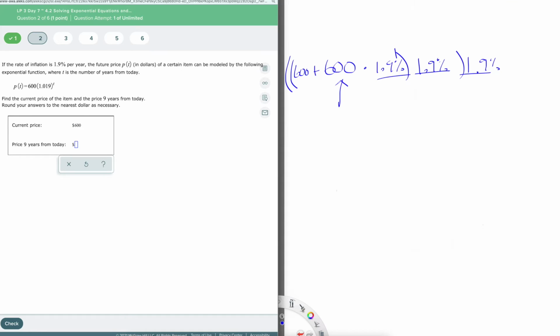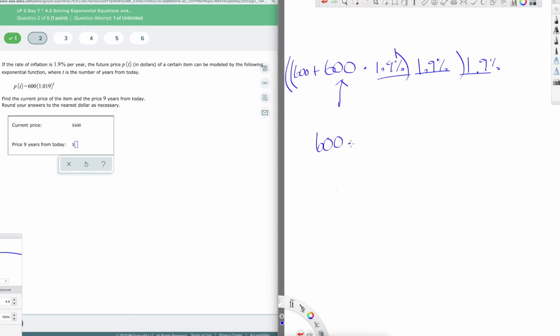And then 9 years from today, we're going to have 600 times, instead of just 1.9%, we want to use that whole percentage. So this is 101.9%, because it's 100%, the 600, and another 1.9% included. And the t is going to turn to a 9 here.